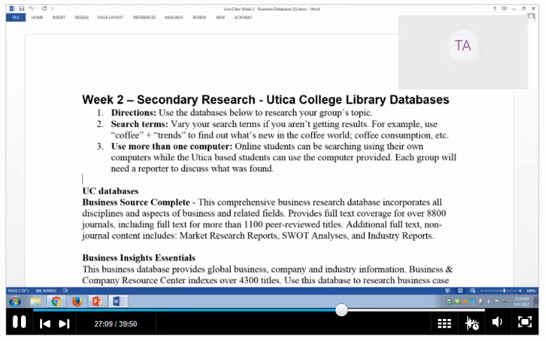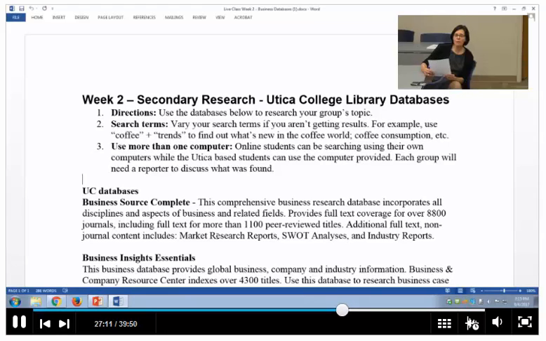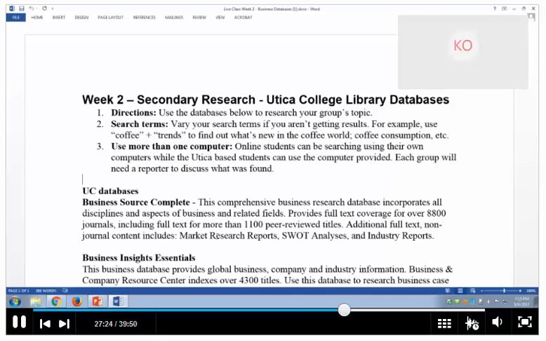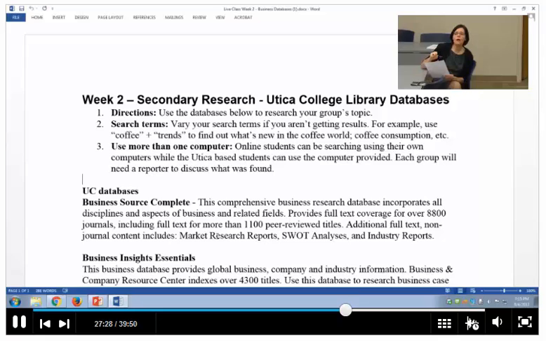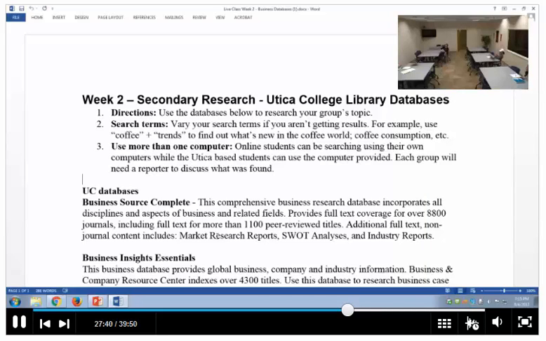Any questions about your comfort level using the databases for your assignment this week? Do you think you'll be okay? Hopefully. Okay. What I would really encourage, if you're not getting the results that you want, is to keep trying different terms. For this week's application assignment, try women, fans, and sports, or sports and fandom.